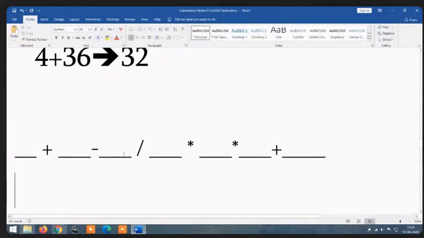Now minus and plus have low order of precedence compared to division and multiplication. So first you have to concentrate on division and multiplication. Now you have one division and two multiplication symbols. So what happens first? It happens from the left. So what is at the leftmost? You can see the division symbol is at the leftmost.